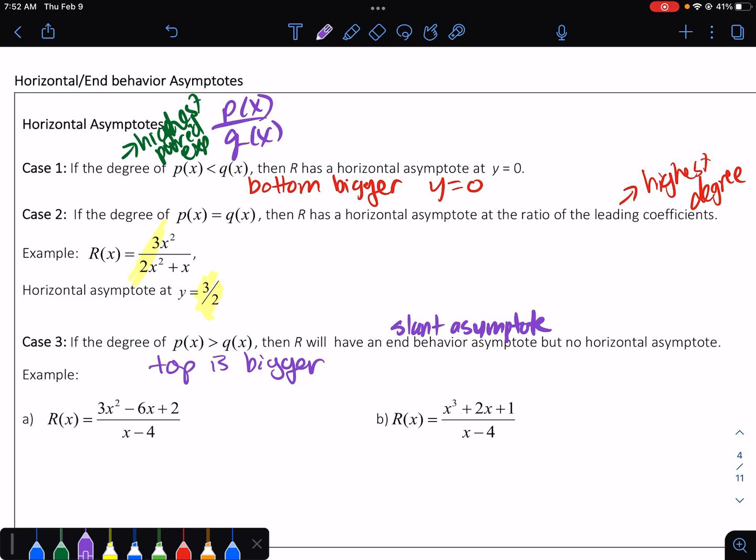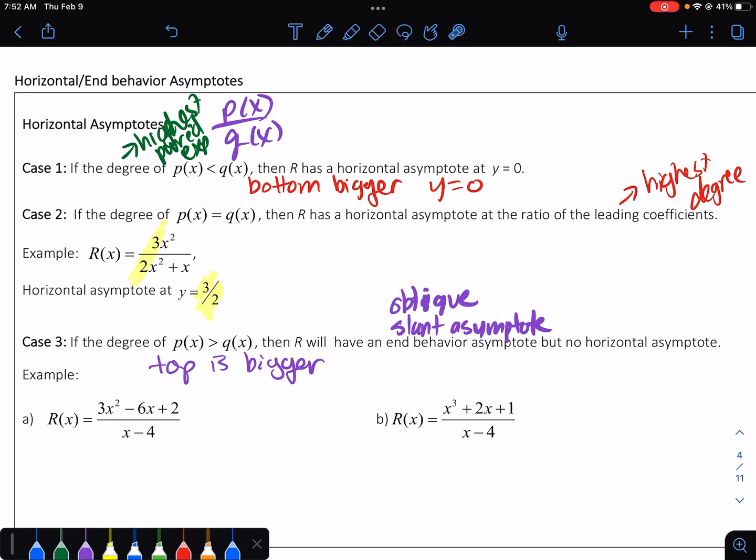Okay, so we'll talk later about how to find the slant asymptote or the end behavior asymptote. Sometimes it's also called oblique asymptote. Oblique. Yeah, that looks weird, but I think that's fine. So those are all talking about the same kind of thing.